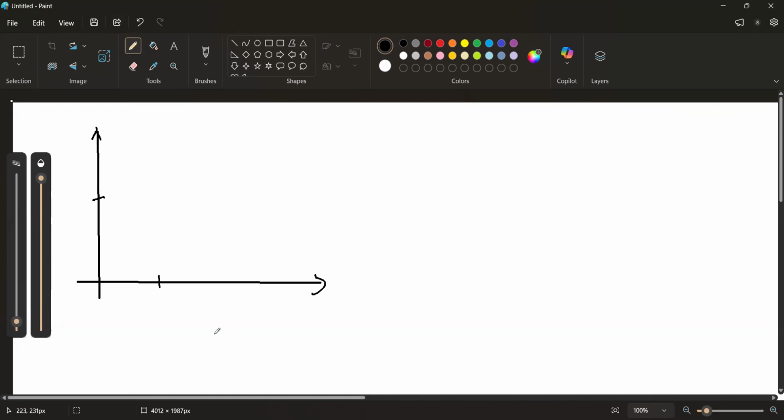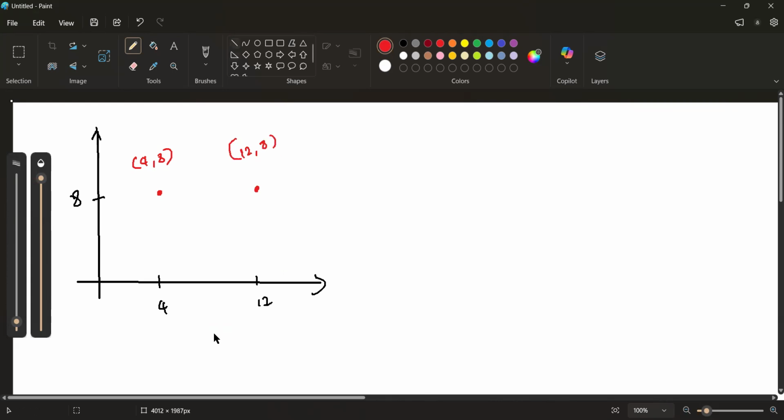One point is 4, 8. Here the point of 4, 8. The other point is 12, 8.